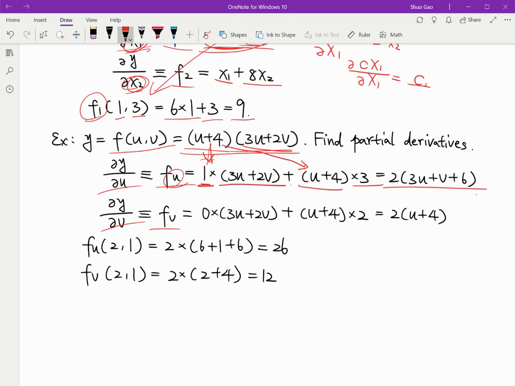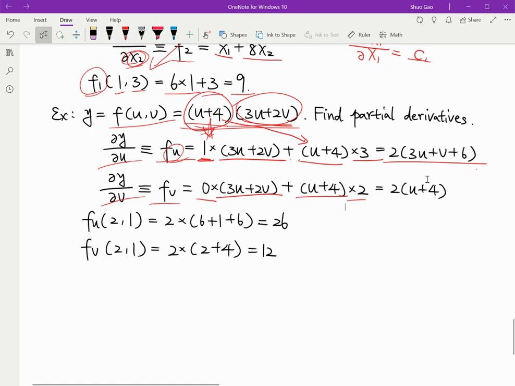We first take the derivative of the first function with respect to v, and we treat u as a constant. So the result is just 0, right? Because there's no v here. And the same, we take the derivative of the second function with respect to v, and we treat u as a constant, right? So this is just a 2.